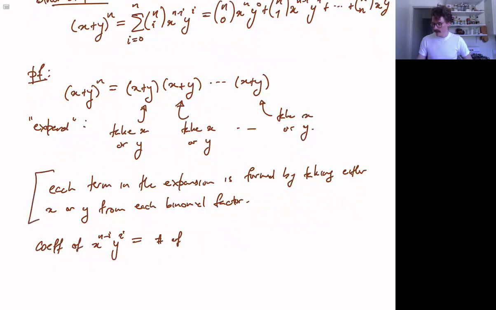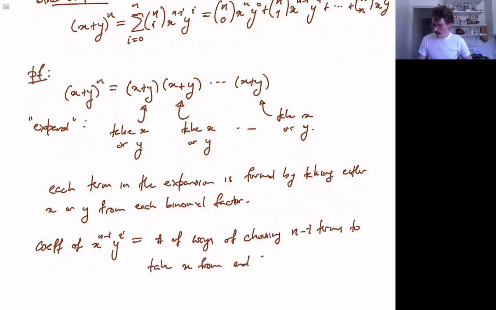And from this interpretation, it's the number of ways of choosing n minus i terms to take the x from, and i terms to take the y from.